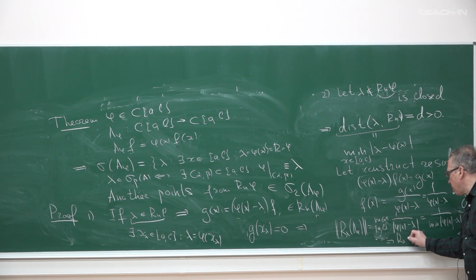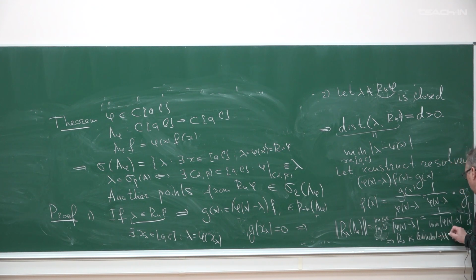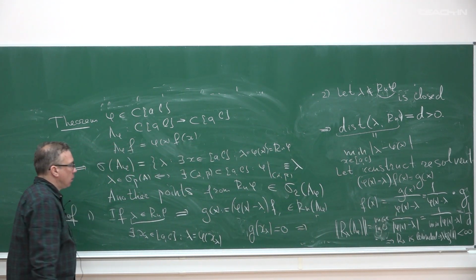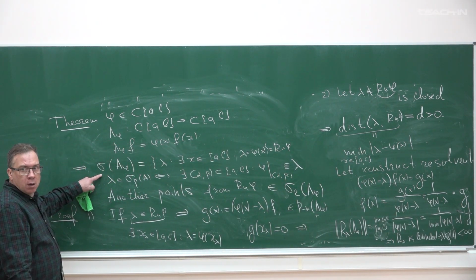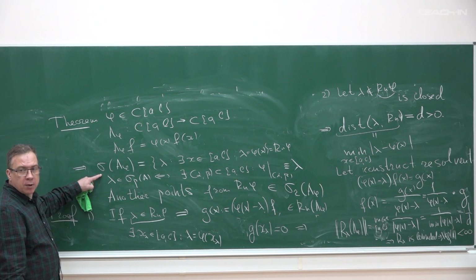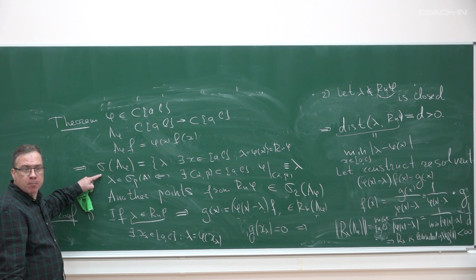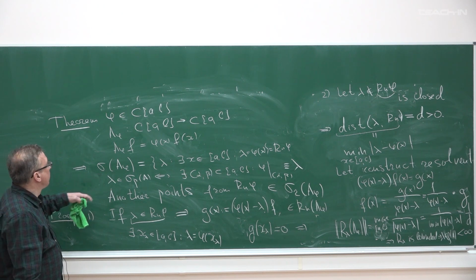So our resolvent is bounded. So lambda is not from the spectrum, lambda is from the resolvent set. So we obtain that lambda is in the spectrum if and only if lambda lies in the values of function phi. Yeah. So just about classification.